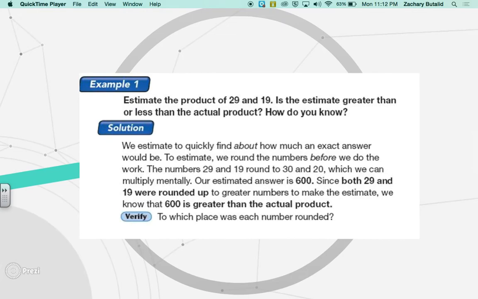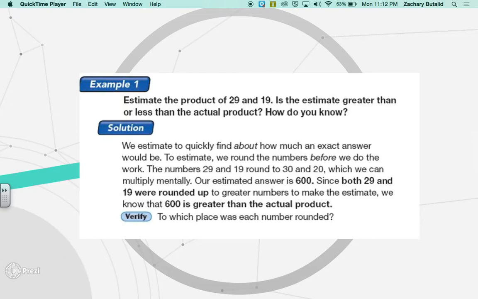All right, so for our concept today, we have used arithmetic to find exact answers. For some problems, finding an exact answer may take a few steps, and it might take a lot of time. So in today's lesson, we're going to be estimating and using compatible numbers in order to save some time.